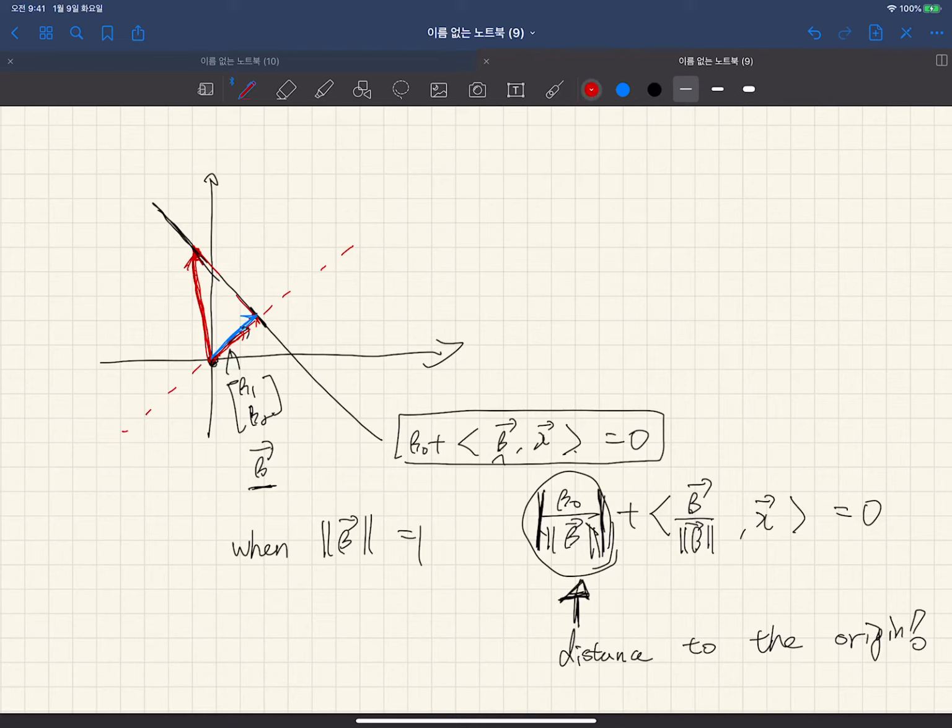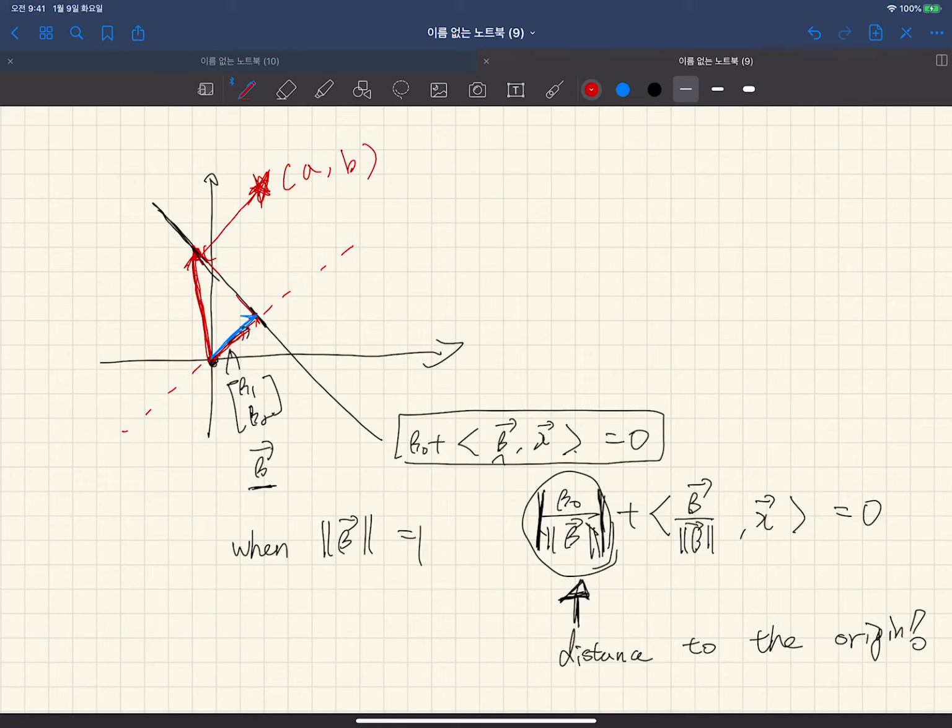Okay, then how about some other point, not the origin, but some point outside of the hyperplane? How can we calculate the distance to this hyperplane? It's the same. So when you have this point, let's say this point is A, B, right?